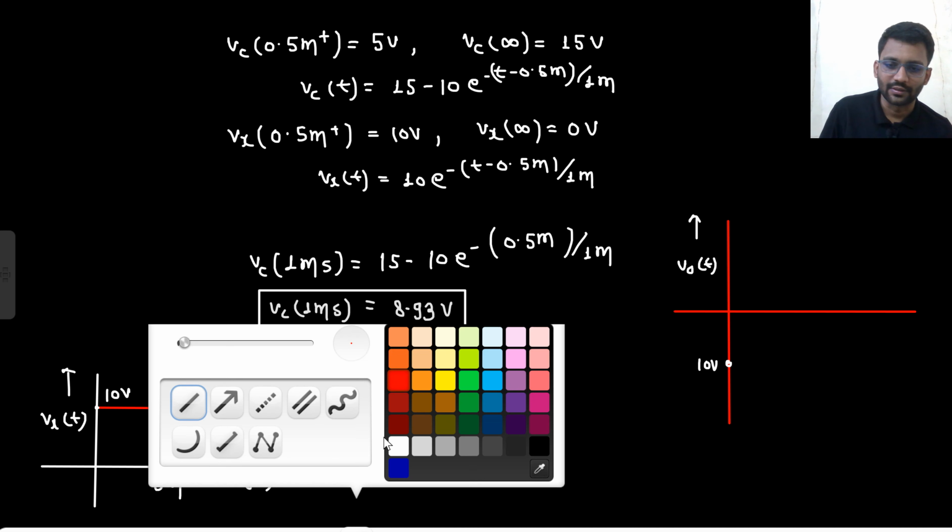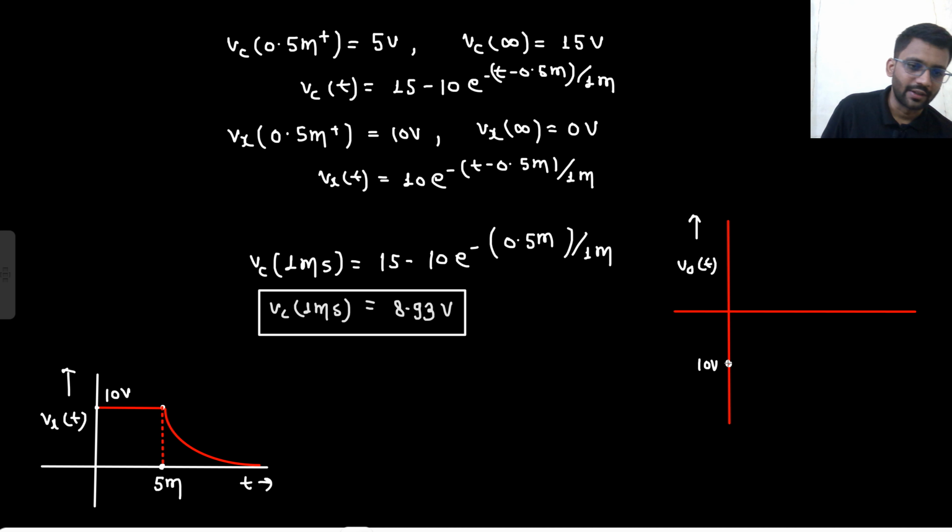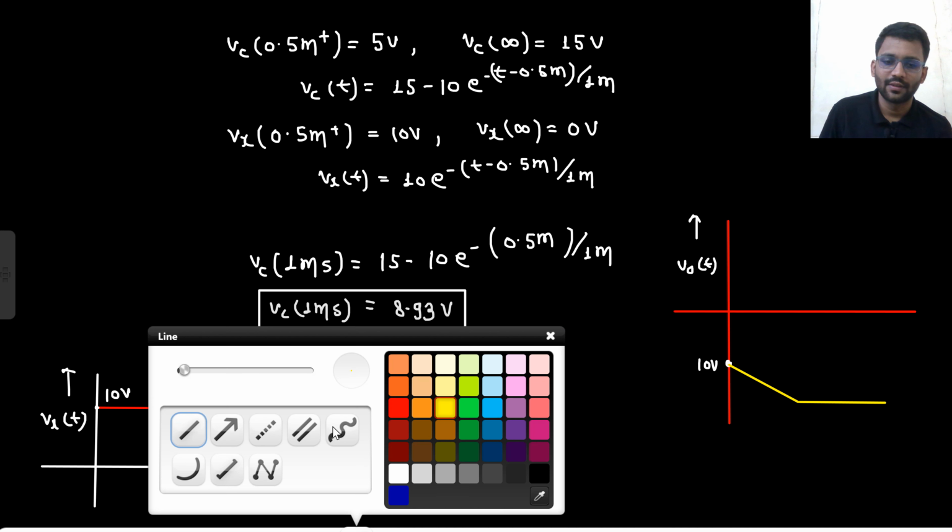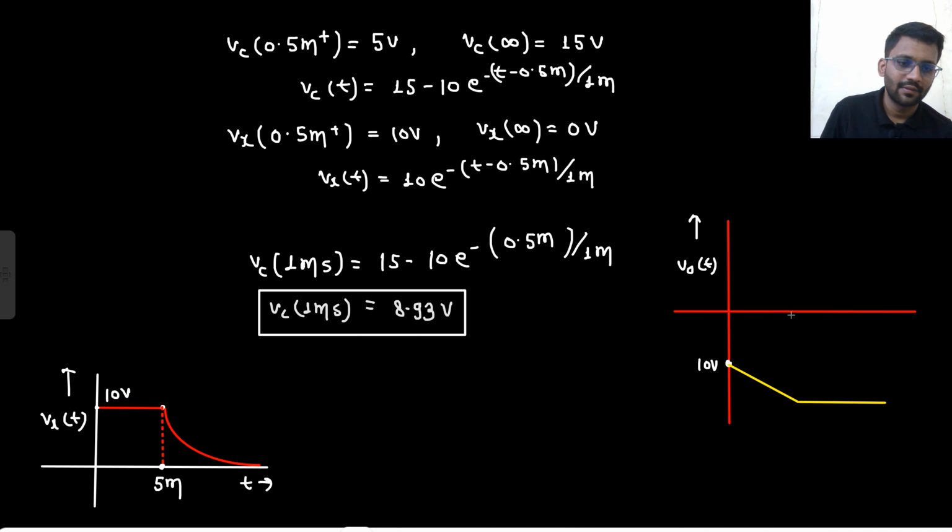So color I can change. Then it went down till 15 volt, and then it remained saturated there. It remained saturated at 15 volt only, right? What was this time? Not 5 millisecond, yeah, 0.5 millisecond.